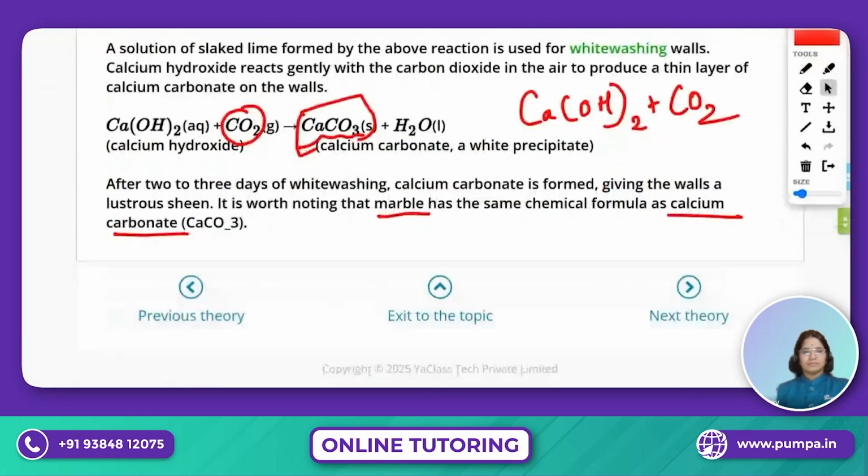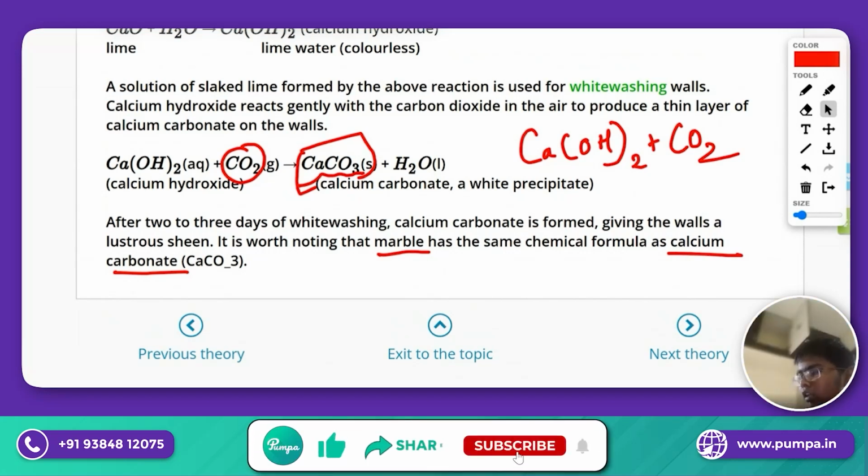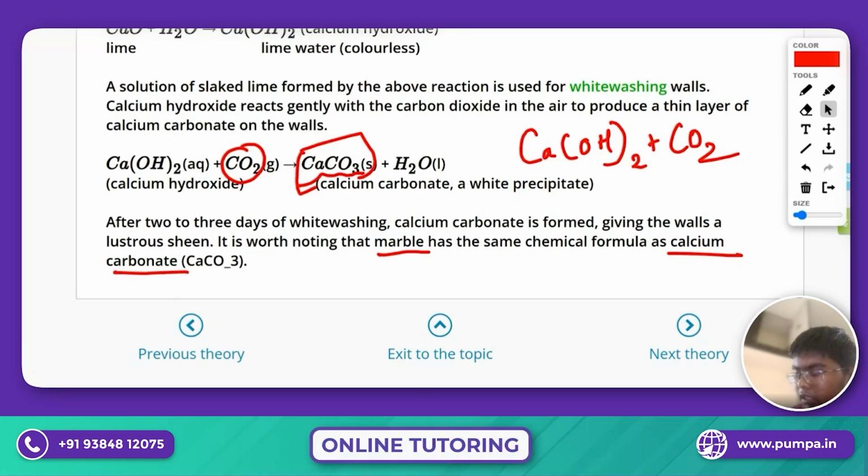Yes, ma'am. Very good. Shall I move to the next? So what did you understand from this theory? What is a combination reaction? When two or more substances combine, we should get a single product. That type of reaction is known as a combination reaction.